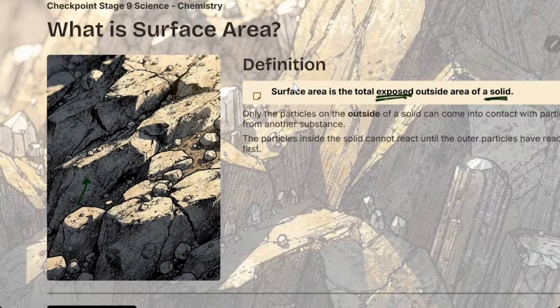So what does the word surface area mean, students? The total exposed outside area. Yes, of a solid. We talk about surface area, not of a gas. It's the total exposed area of a solid.